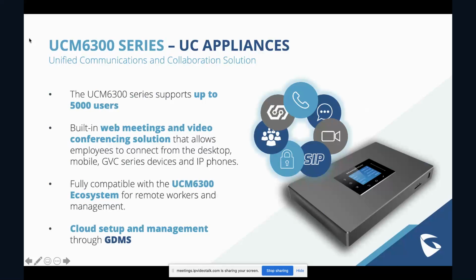We talked about the ecosystem before, which allows the UCM 6300 series to reach outside of the local network and allow businesses to build a truly remote, hybrid, flexible communications and collaboration platform that can be accessed from anywhere on any device. And this new UCM 6300 series will be integrated with the Grandstream device management system, like every other piece of this ecosystem we're going to talk about, which allows you to set it up, deploy it, and monitor it centrally.